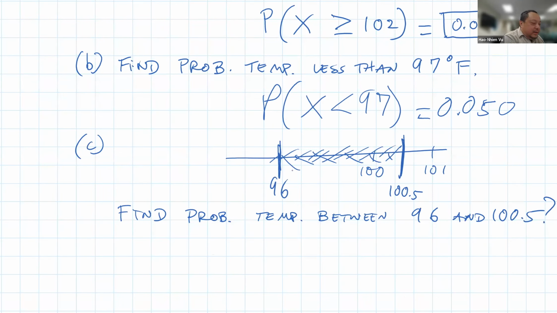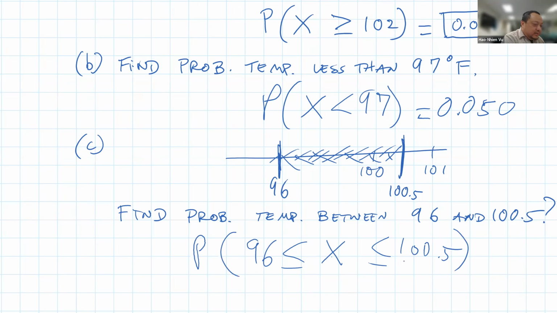Well, mathematically, if you're in between here, that means there's a less than or equal in between them like that, right? So we want this probability. You get one number, and then you do the other one, you get another number. But we need just a single number, right?